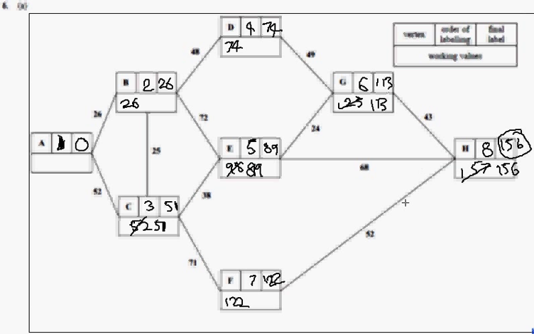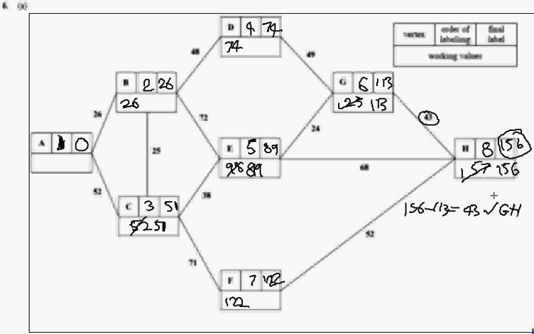Okay, show a bit of working. 156 take away 113 equals 43. Now that is equal to the length of the arc. If that's the case, that shows you this is on the shortest path. So we can confirm that G to H is on the shortest path.